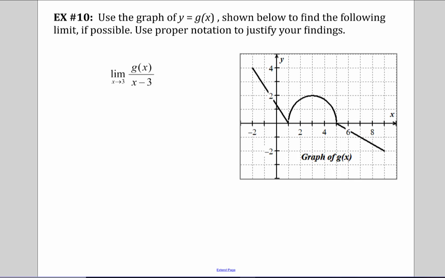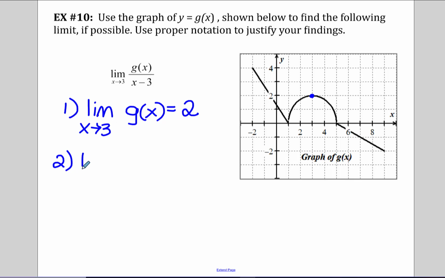Use the graph shown below to find the following limit if possible, and use proper notation to justify your findings. So what do we know? We know the limit as we go to 3 on g of x, which is over here as we go to 3, the limit's the y value. That's 2. And we know in the bottom, as we go to 3, on x minus 3, the limit is 0.